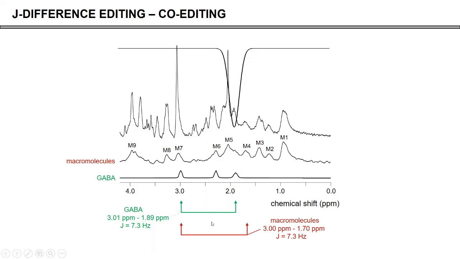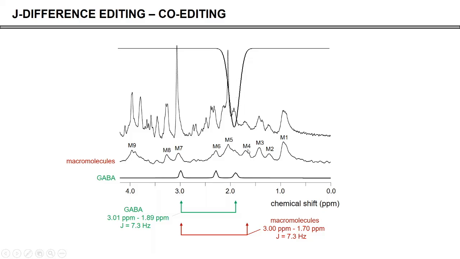Now, unfortunately, macromolecules also have scalar coupling between macromolecule number 4 and macromolecule number 7. Now, if the editing pulse is narrow-banded enough so that the M4 isn't affected, then everything is good. Unfortunately, M4 and GABA H3 are so close to each other at lower magnetic field that it is impossible to make this pulse narrow-banded enough.